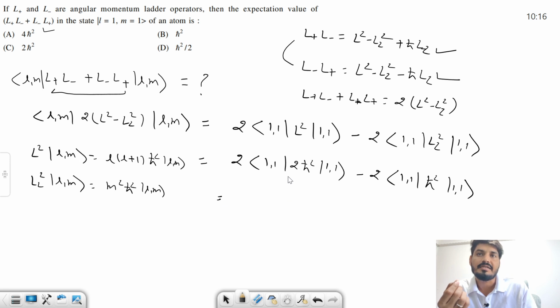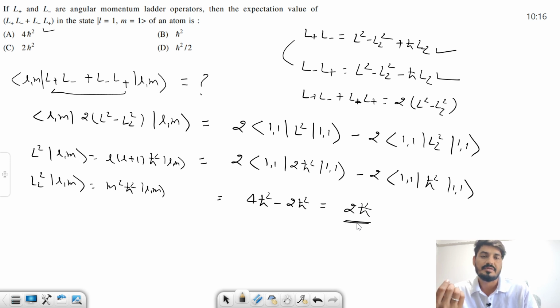So finally this 2 h cut square gives you 4 h cut square, and 1 1 with 1 1, because of the orthonormality condition, becomes 1. So this is 4 h cut square minus 2 h cut square. So our answer is simply 2 h cut square. Fine, this is a very straightforward question. The only thing that you have to remember in this question is these two values, and you have to know these two things straightforward.